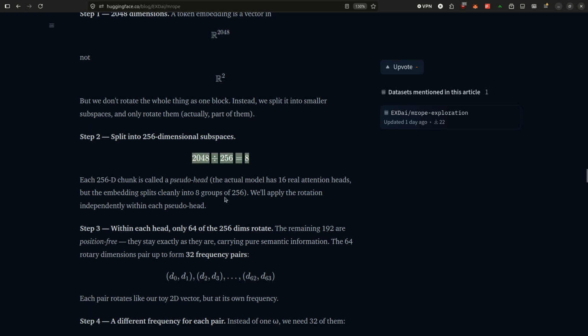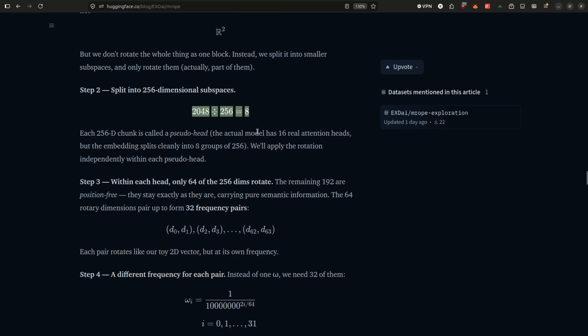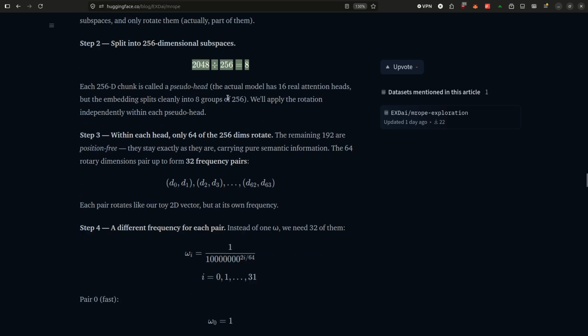Each subspace is called a pseudo head, but ignore that. Within each subspace, only 64 of the 256 dimensions rotate. Don't think of this as the vector splitting. It's the vector rotating, but only in 64 of the 256 dimensions. Those 64 are grouped into pairs, so you get 32 pairs.